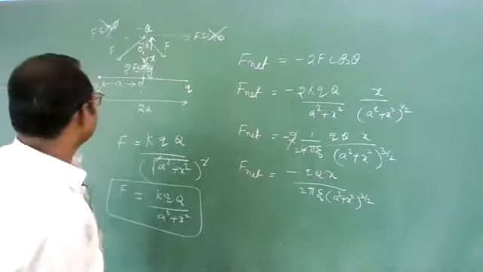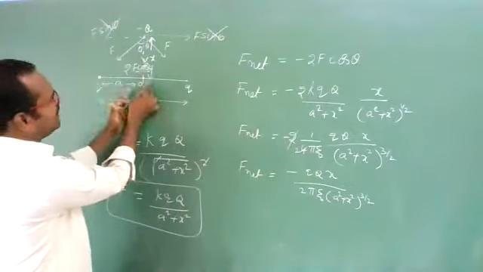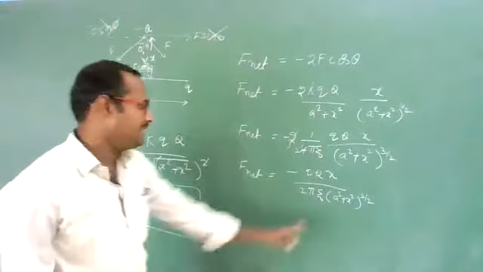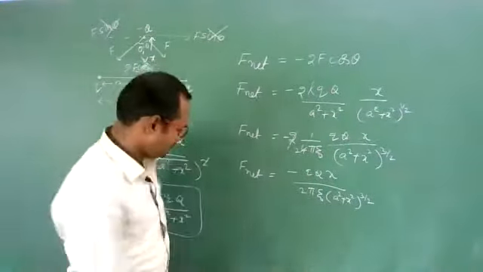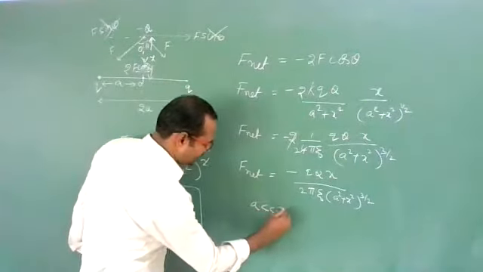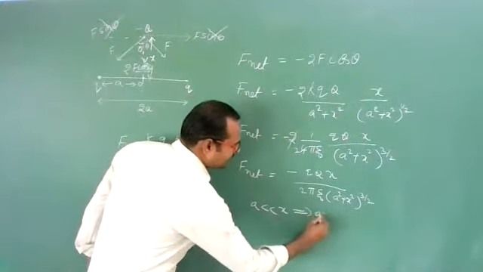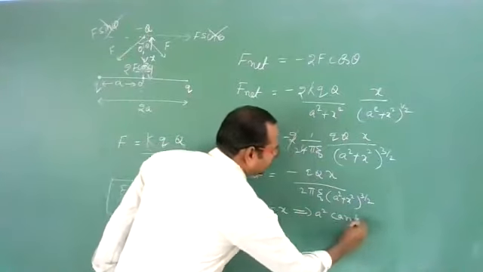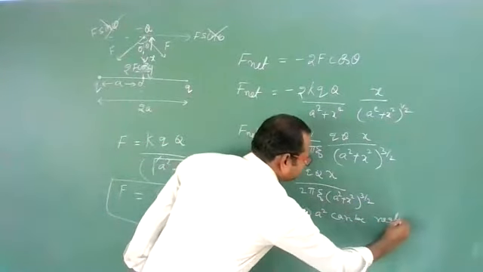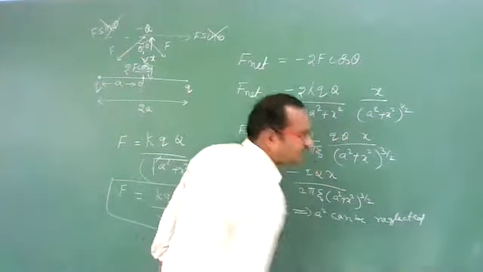Now imagine if this length is very small as compared to X, then A square can be neglected. For example, if A is very less than X, that implies A square can be neglected. Clear?